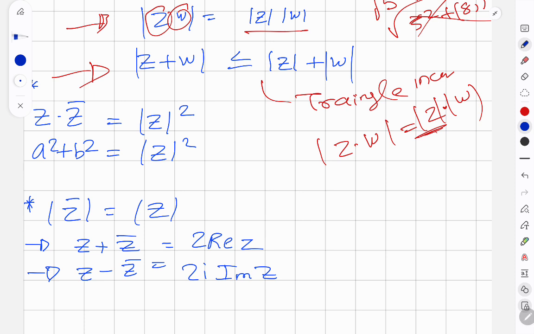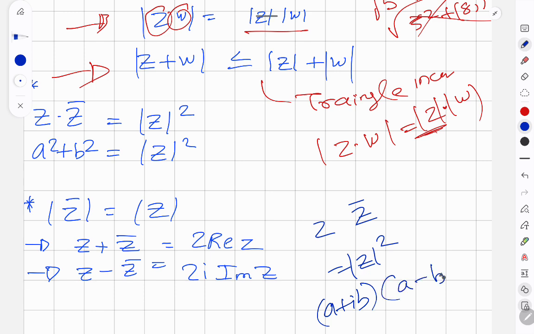So if you have z multiplied with z conjugate, this is the modulus of z squared. If you want to prove it, you can do a + ib multiplied by a - ib.